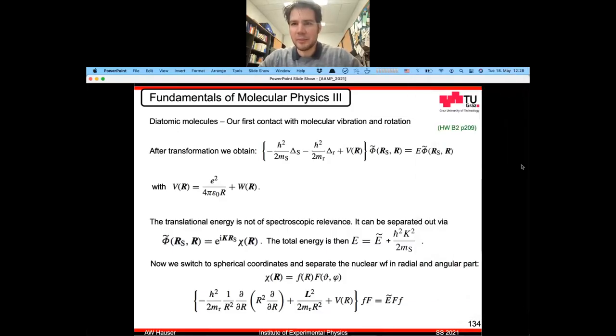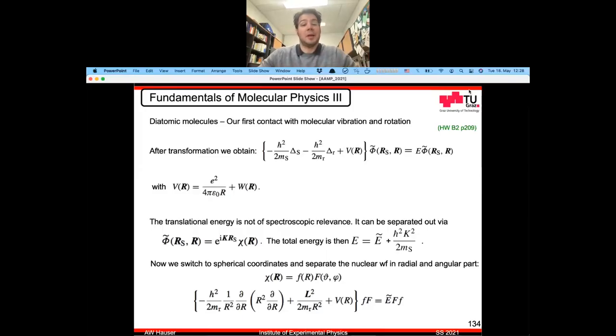The potential term that appears in our Hamiltonian, this V of R, is not a function of Rs, right? So it's not dependent on the actual center of mass of the total system. So if I make a product ansatz, I can separate the translational energy component from the rest, because the translational energy is not of spectroscopic relevance.